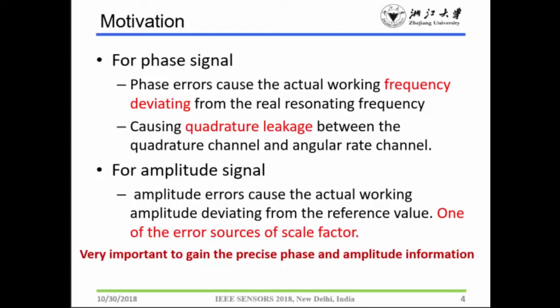For the amplitude signal, amplitude errors cause the actual working amplitude to deviate from the reference value, so it is one of the error sources of the gyroscope scale factor. So it is very important to gain precise phase and amplitude information.